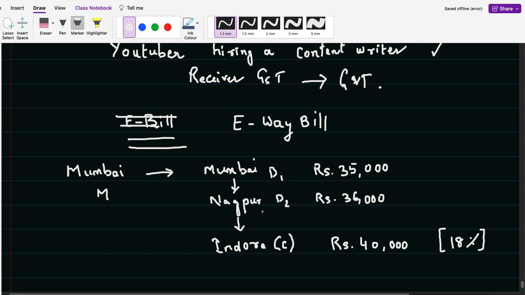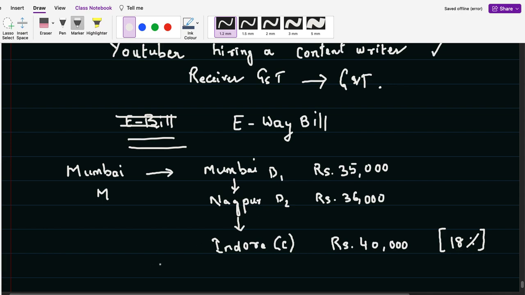Then Mumbai to Nagpur, interstate or intrastate? Intrastate, because Nagpur and Mumbai are both in Maharashtra. Nagpur to Indore is interstate, because Indore is in Madhya Pradesh and Nagpur is in Maharashtra, so two different states are involved. That's why this last transaction is interstate. And the GST percentage is 18%.